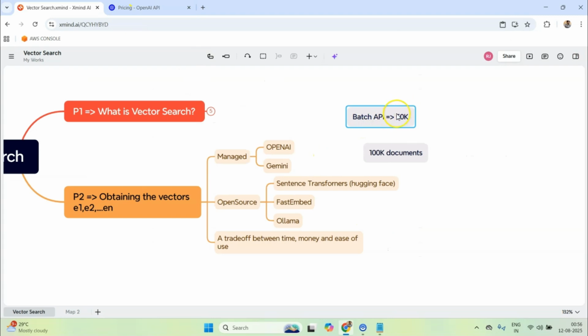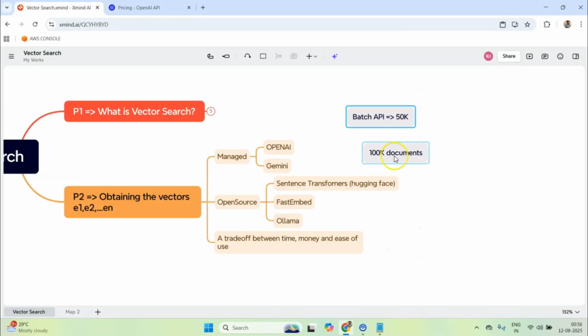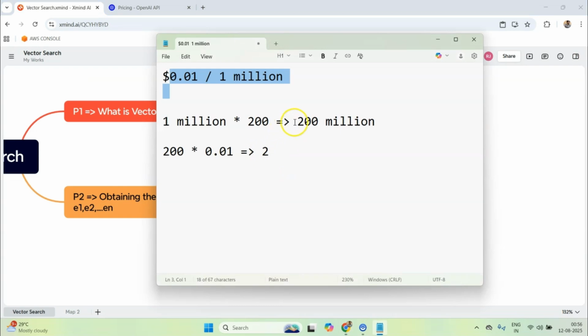If you use a batch API, those cost even less than these. Okay, so this is 0.01 price per 1 million tokens, right? So that means if you have 200 million tokens to embed, your cost would be $2.